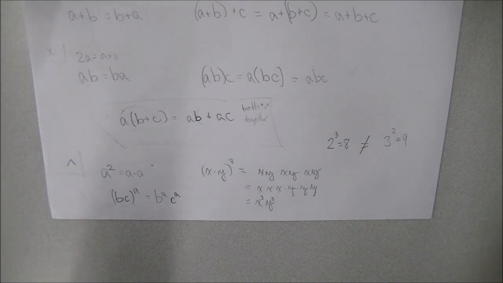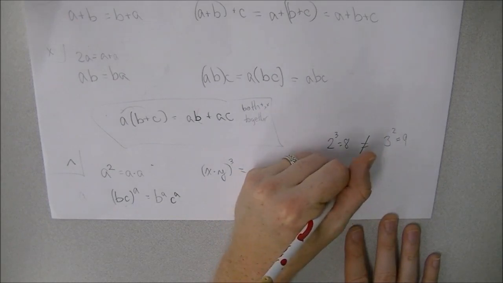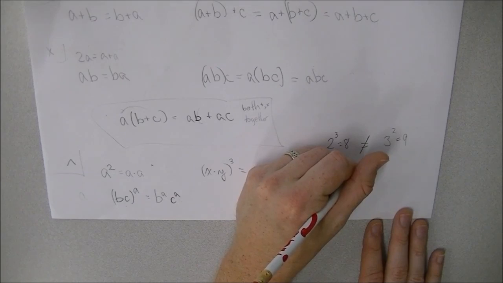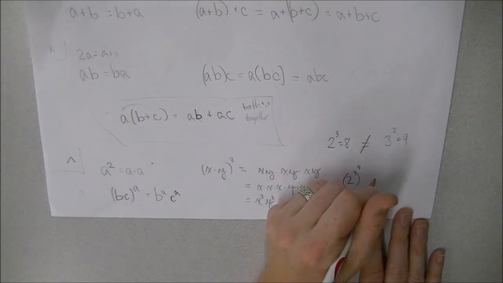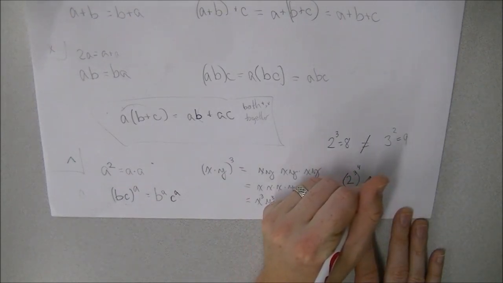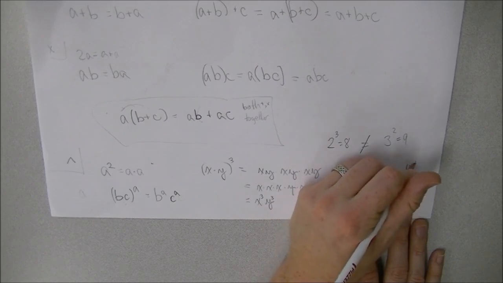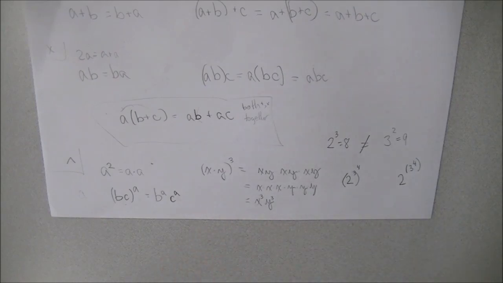Well, it doesn't look good if they don't commute, but let's try. Let's try 2 to the power of 3 to the power of, let's go with 4. Okay, so we'll start looking like that, and then we'll also try 2 to the power of 3 to the power of 4, like this. So we have two different ways of forming power towers.